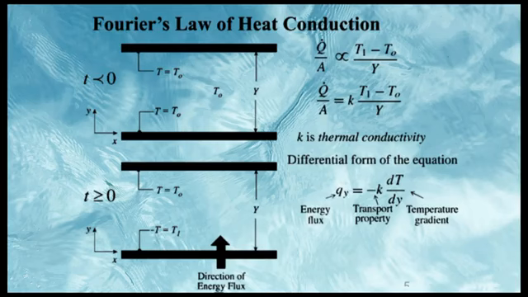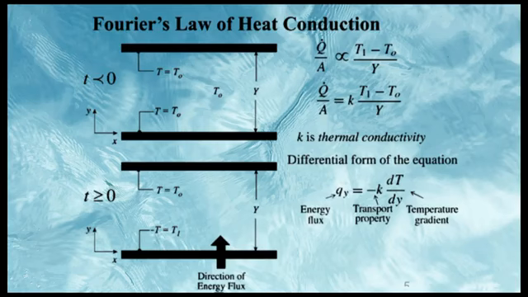Initially, for t less than 0, the entire slab is at a uniform temperature T0. There's no heat flow because there's no temperature difference. At t greater than or equal to 0, we suddenly heat the bottom surface of the slab to a higher temperature T1.